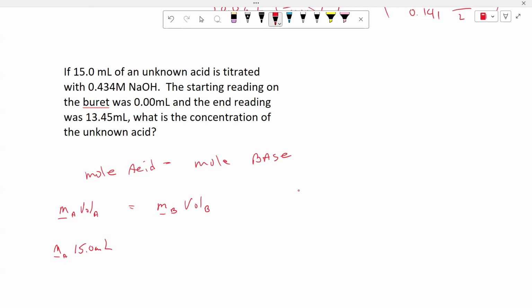And then we have to convert it to liters. Concentration of the base is, and we're looking at 13.